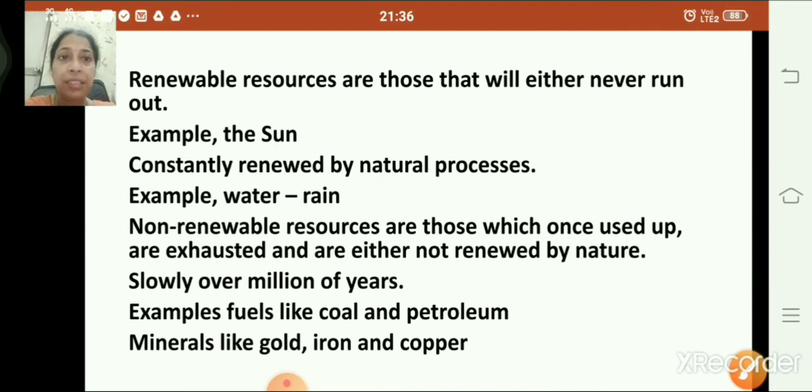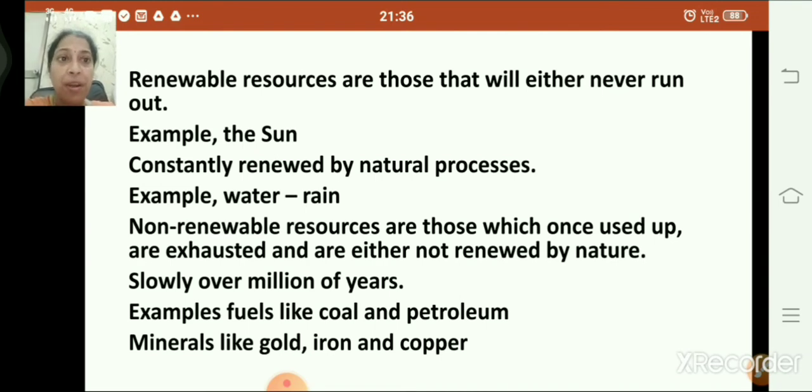Example, the sun, or constantly renewed by natural processes, as I explained you earlier. Do you remember? There is water cycle in our environment. Okay. Example, water. Water is renewed by rain.